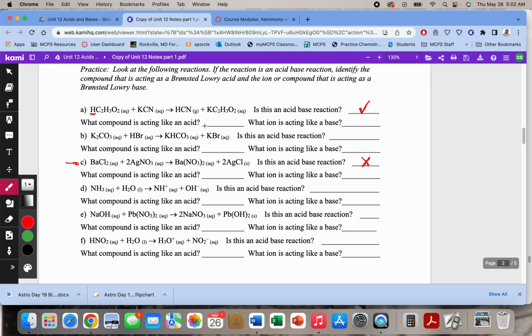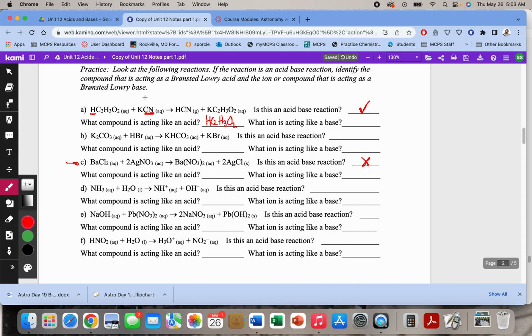Which compound is acting like an acid up here? Well, you can see the H is starting out with C2H3O2, and then it's leaving it. So HC2H3O2 is our source of acid. Which ion is acting like a base? Well, CN- is accepting the H+.